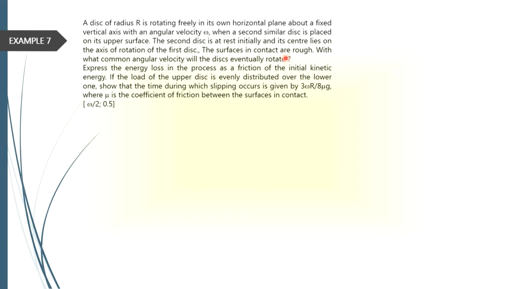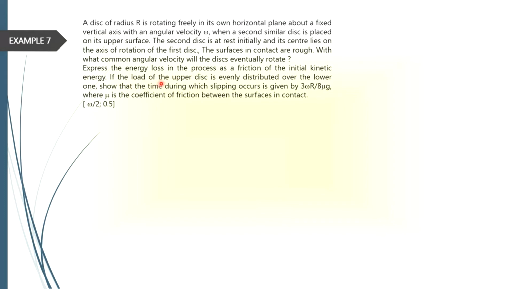They want you to prove the formula for the common speed when both the disks are in contact. And then the last part of the question, they ask us to prove the energy loss in the process as a fraction of initial kinetic energy.